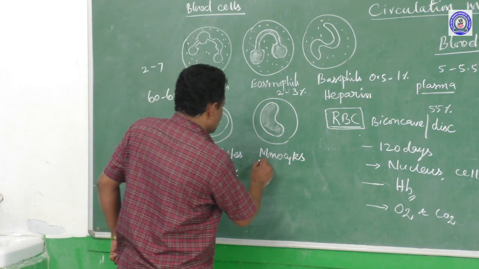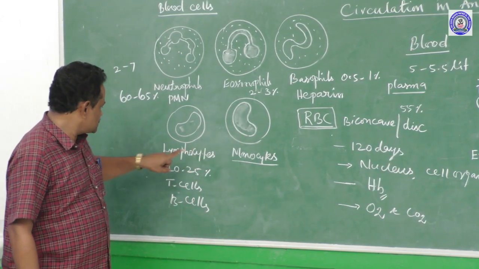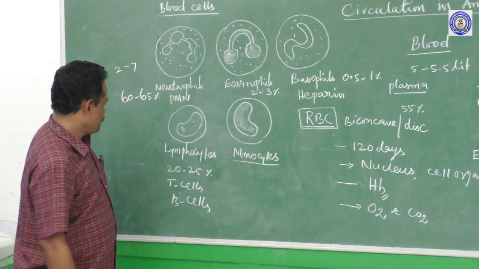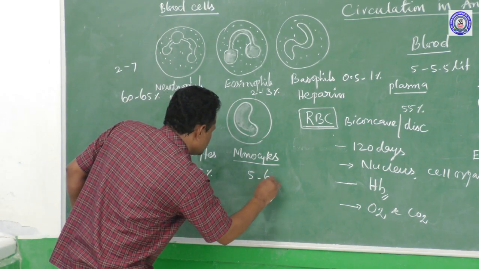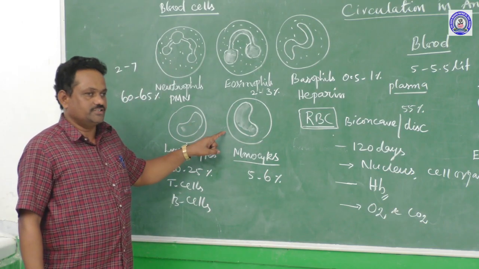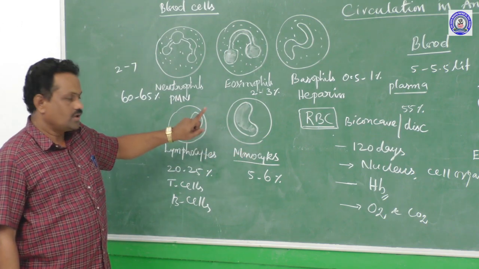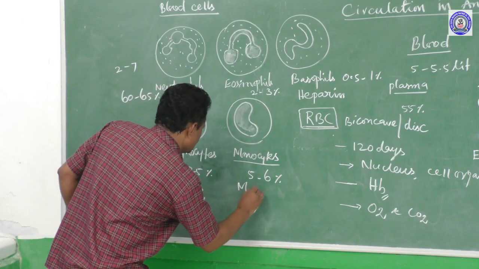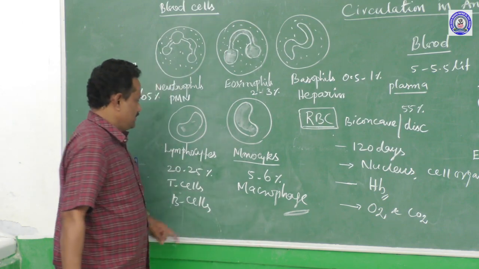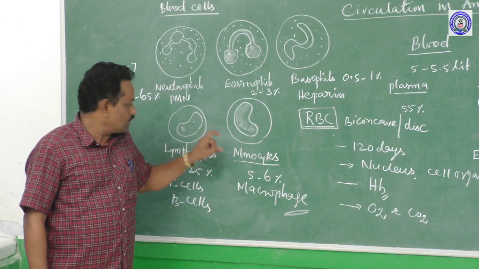Monocytes, these are the largest WBCs. The smallest WBC is the lymphocyte, the largest WBC is the monocyte. It is approximately 5 to 6% of the total count. At the time of infection, these monocytes get converted into macrophages. This cell, the monocyte, is a major phagocytic cell.